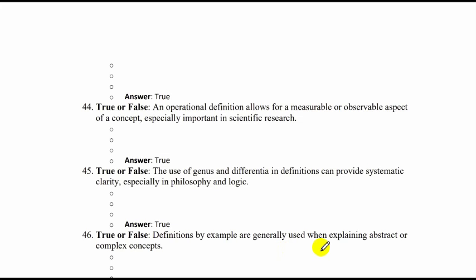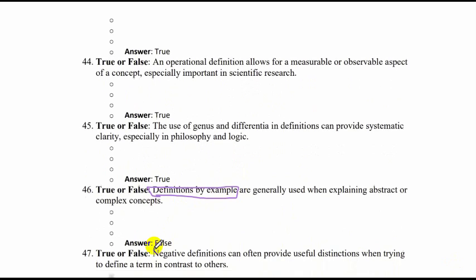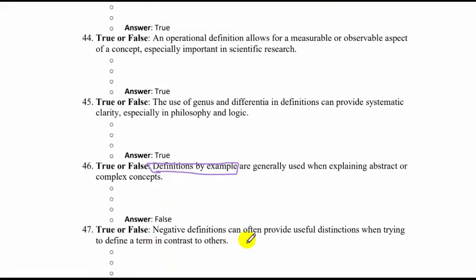Definitions by example are generally used when explaining abstract or complex concepts. True. Definition by example. Okay, we'll have to understand this. Negative definitions can often provide useful distinctions when trying to define a term in contrast to others. Yes, true.